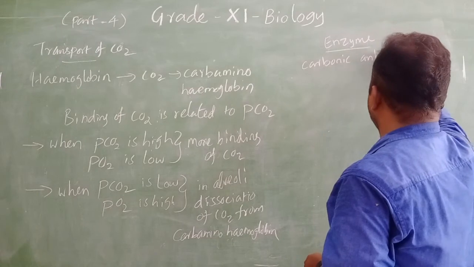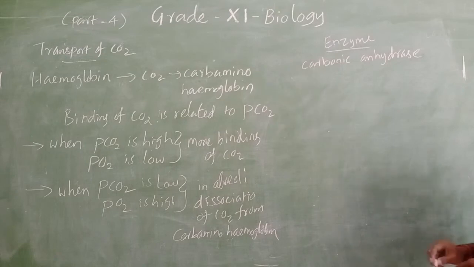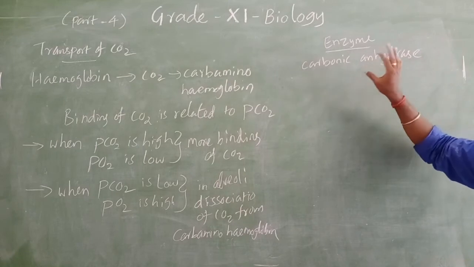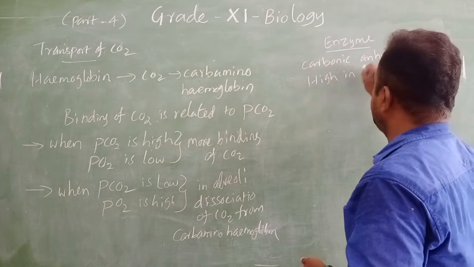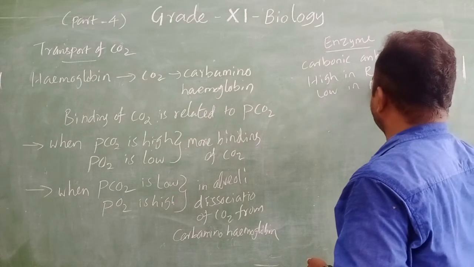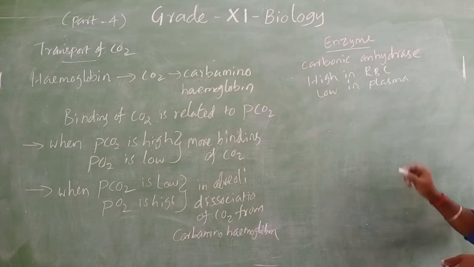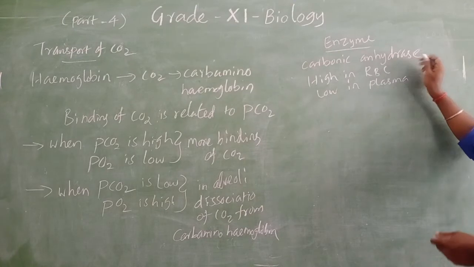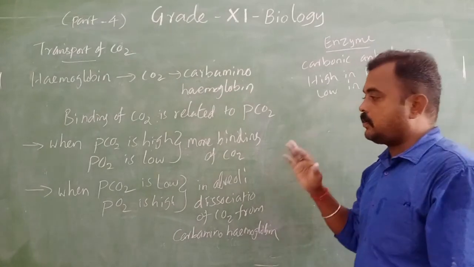The concentration of carbonic anhydrase is high in RBC, low in plasma. Okay. So carbonic anhydrase is responsible for the formation of bicarbonate. I will tell you how it is.